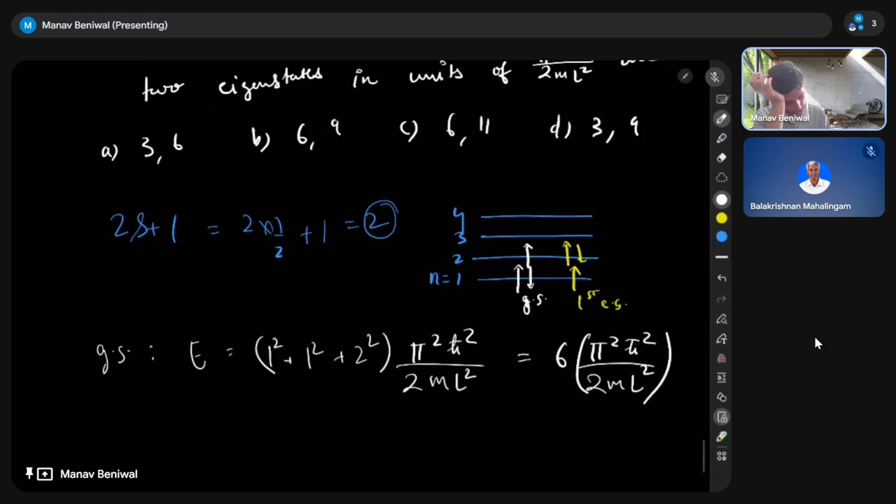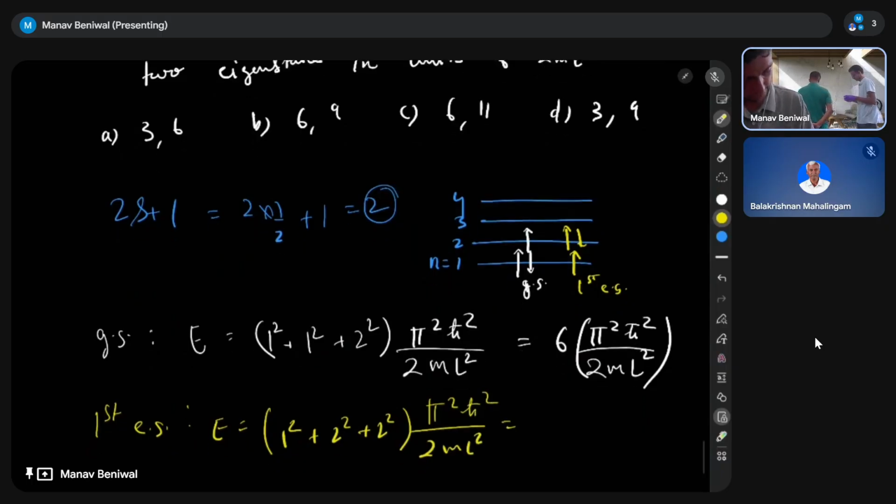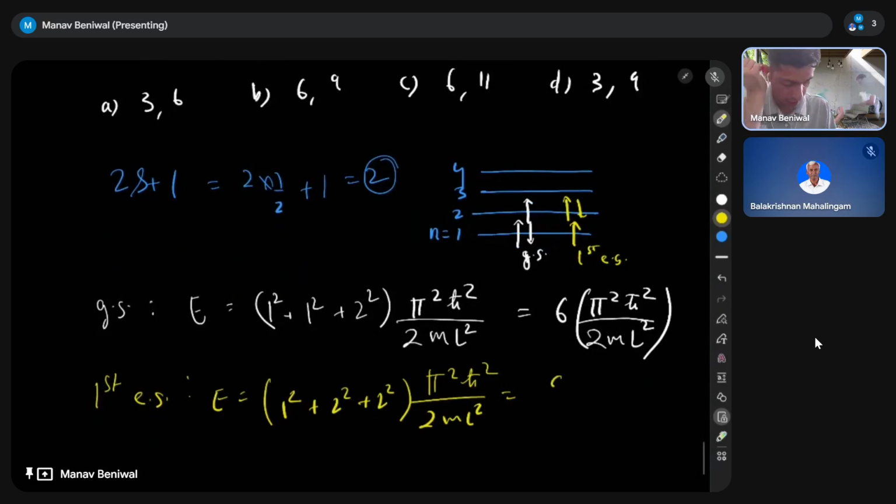And for the first excited state, our energy will be 1 squared plus 2 squared plus 2 squared. So this is 9, because 1 plus 4 plus 4, times this quantity, pi squared h cut squared by 2ml squared.